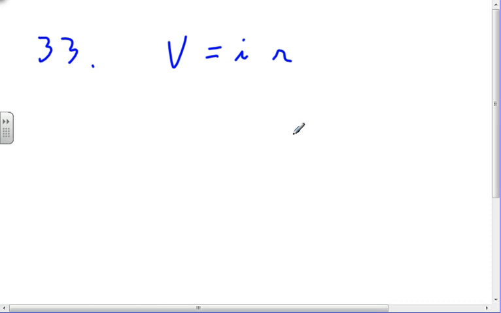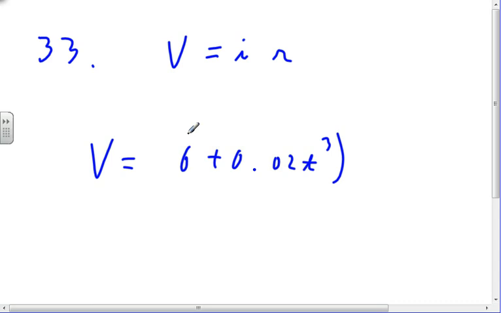Okay, so V is equal to 6 plus 0.02 t cubed times R. Alright, so I got that. dV/dt, the derivative with respect to t.